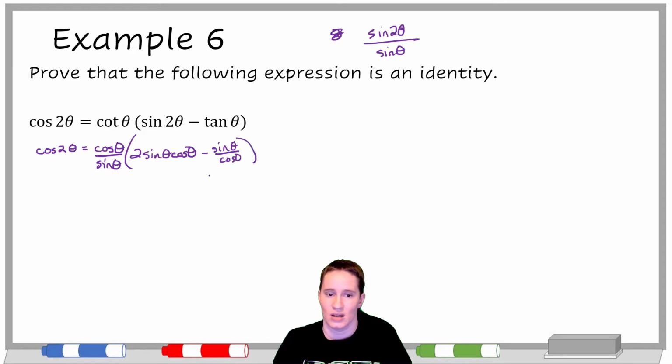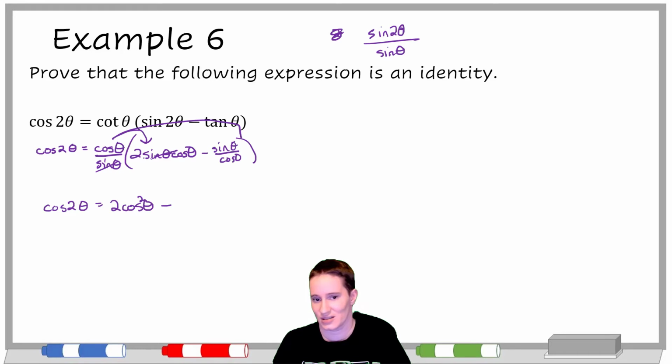And then I think our next step here is to distribute, right? So for this one, let's see, we cancel out a sine and we combine cosine, so we get 2 cosine squared. And then when we do this one, now the sine isn't really canceled out, right?